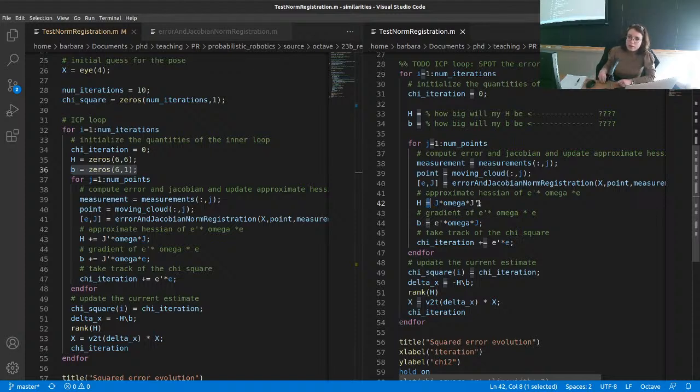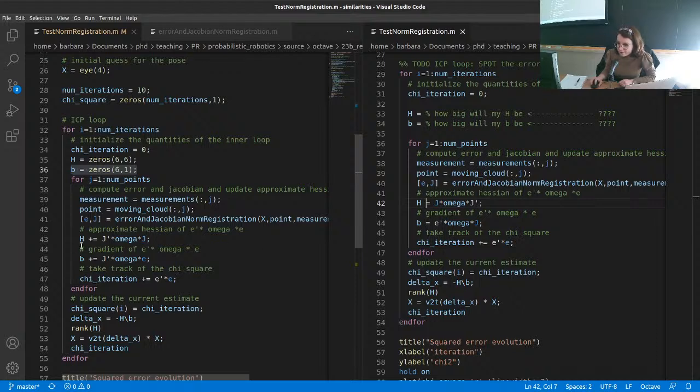Indeed, as you may remember from the algorithm wrap-up, we build the H matrix by summing the contributions coming from the measurements, so there should be a plus here. Summarizing, in line 43 of the solution, we have H plus equal J transpose omega J.